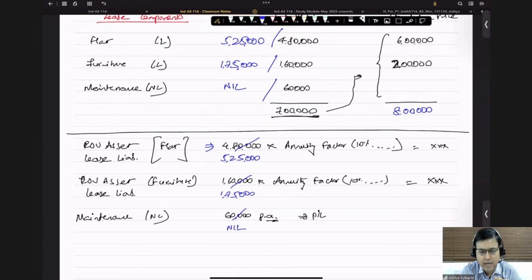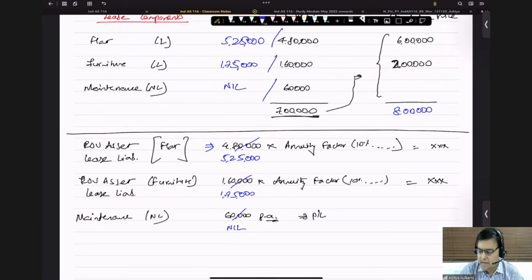Now, all I'm doing is, instead of this 60,000 flowing separately, I'm clubbing it with both the lease components and making it flow into the profit and loss account. By ultimately 3 साल में खर्चा दिखना चाहिए ना profit and loss में. That is what I am doing exactly. I am not avoiding any true and fair view. This is more of a matter of convenience. And that is why this practical expedient is made available to you.